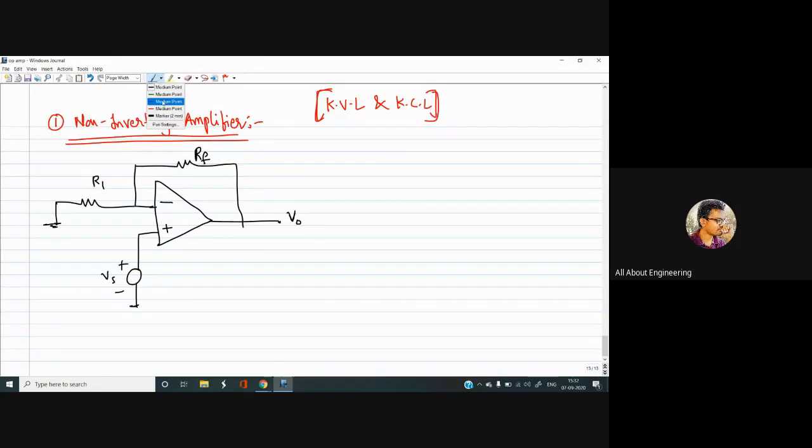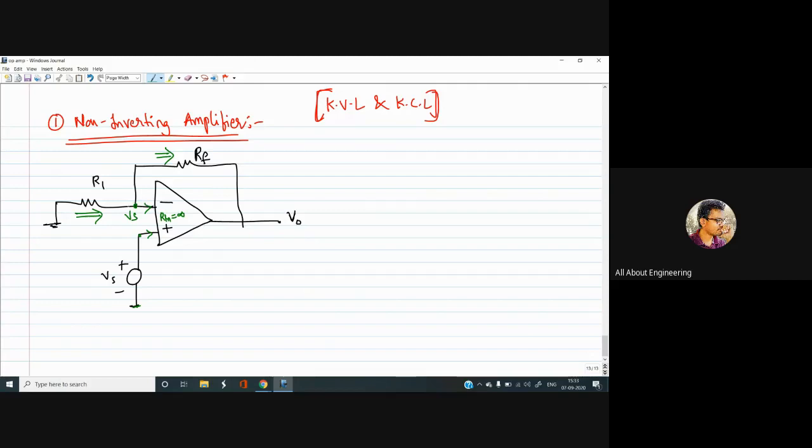Now moving ahead, let me solve this quickly. As this is a negative feedback circuit and the gain of the amplifier is quite large, you can apply the virtual short condition. So the same Vs will appear across this point. Now, as the current into the op amp is equal to 0 because the input impedance is infinite, the current flowing through R1 will follow the path of RF and go to the output.